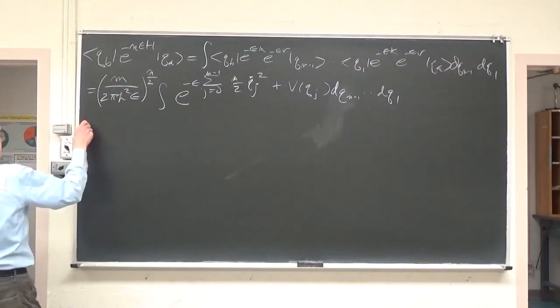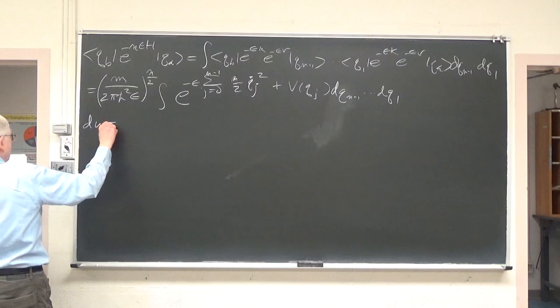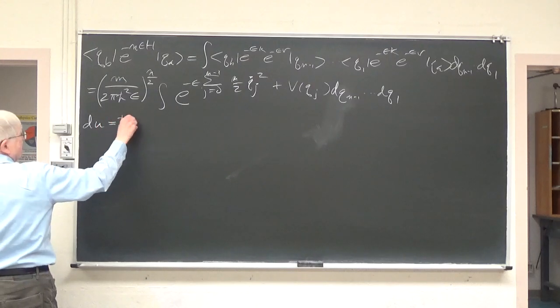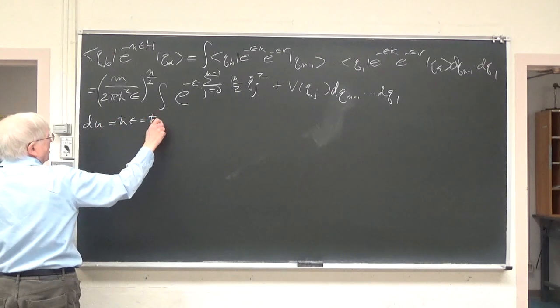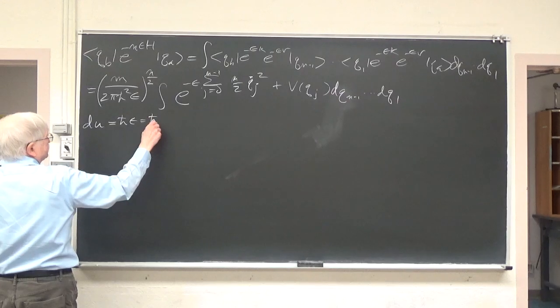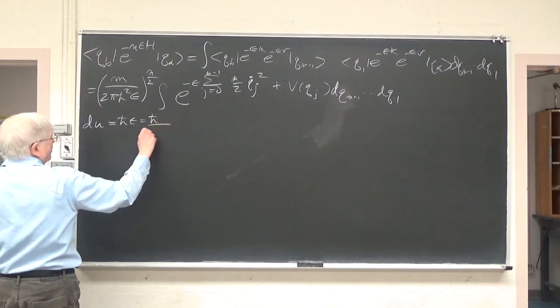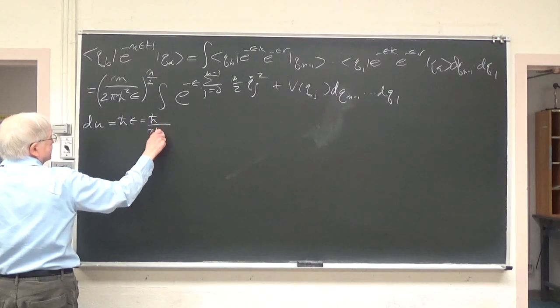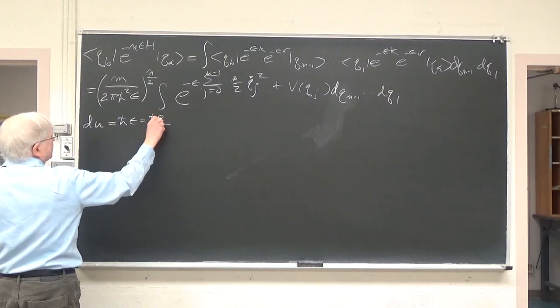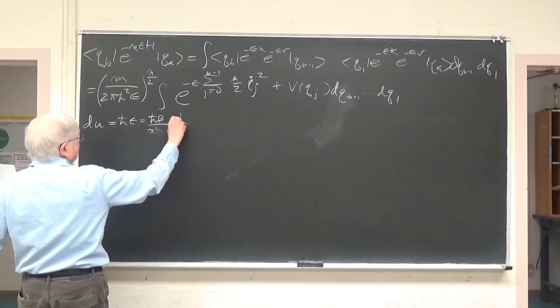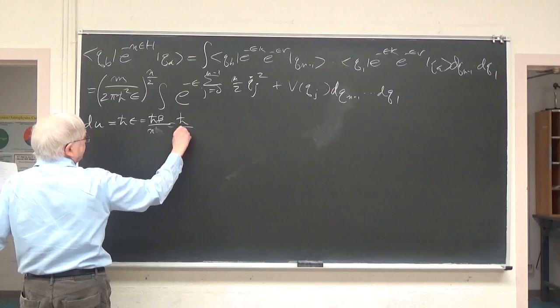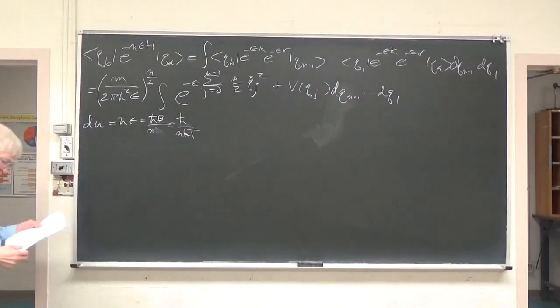And now this, I'm going to set du equal to h bar epsilon, which is h bar over nkt, or h bar beta over n.